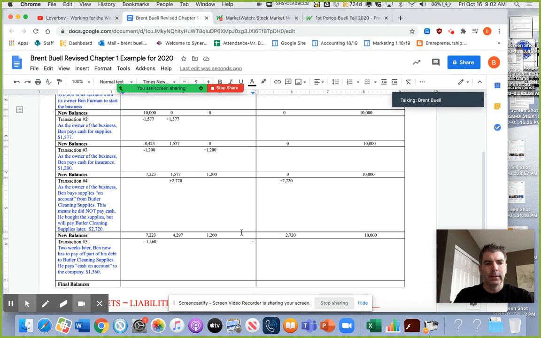Okay. Then you go over to Butler Cleaning Supplies. And again, the hard part here is, is this a plus or a minus? There are two ways to do it. The first way, which is kind of the correct accounting way, concept-wise, is to say we're reducing the debt. Because we gave them cash, we now owe them less money, so we're going to subtract.